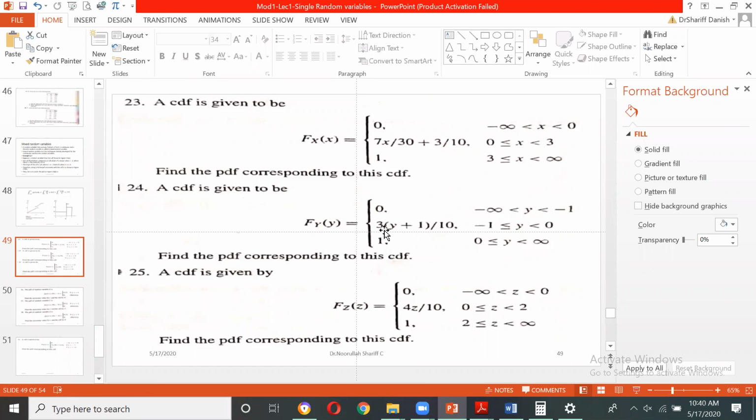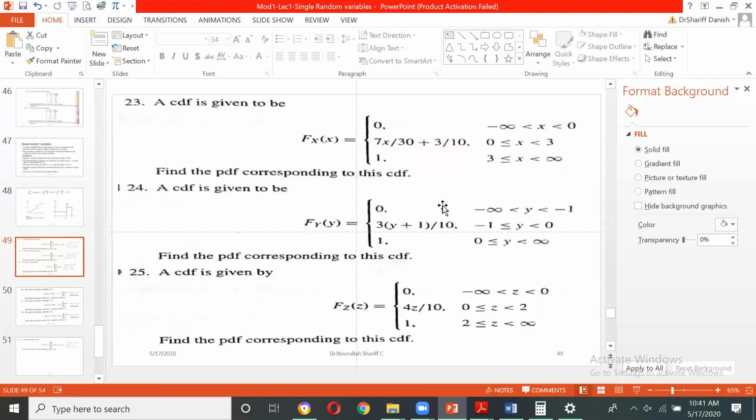You need to separate this: 3y by 10 plus 1 by 10. So 1 by 10 is the intercept at y equal to minus 1, and the slope of the line starting at y equal to minus 1 will be 3 by 10, which will go on increasing.